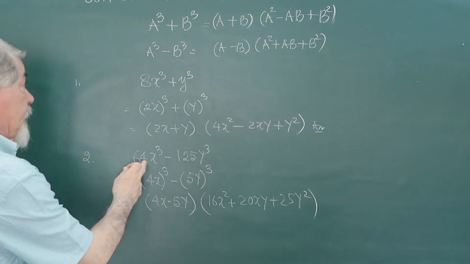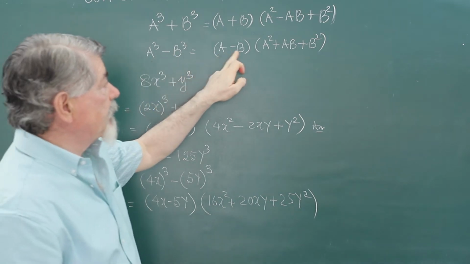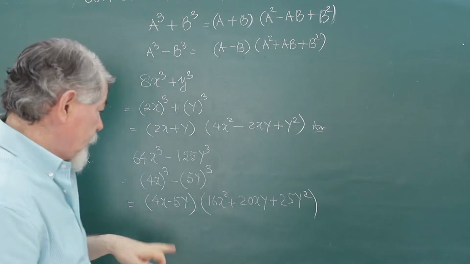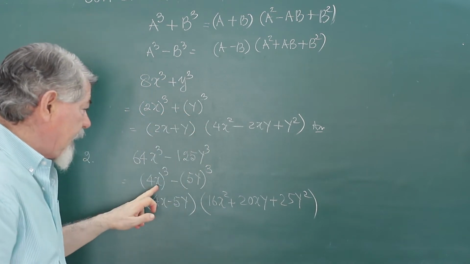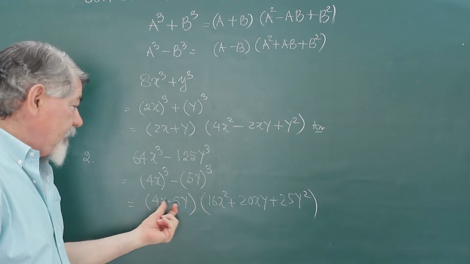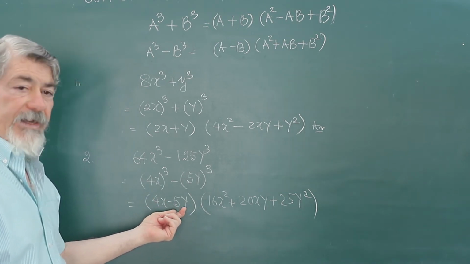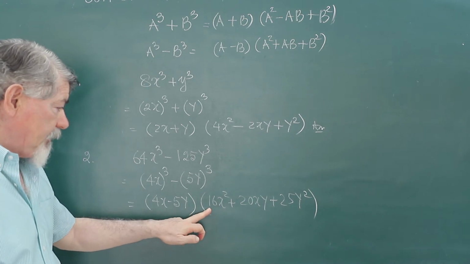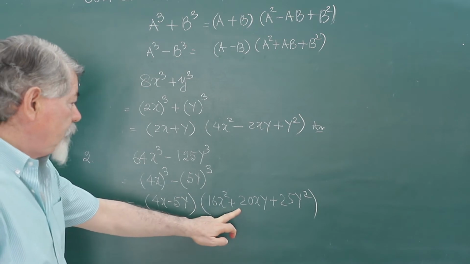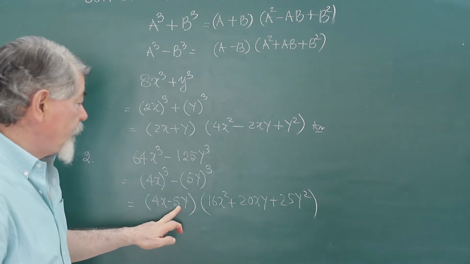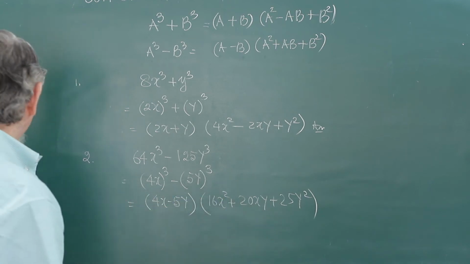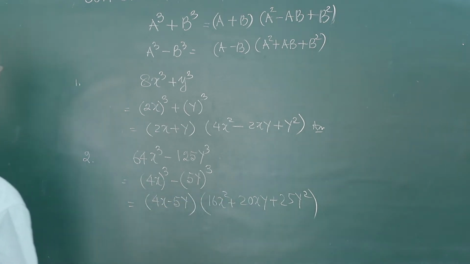A cube minus b cube has factors a minus b into a square plus ab plus b square. So in place of a I have 4x, in place of b I have 5y. So a minus b, 4x minus 5y, into a square, 4x whole square is 16x square, plus ab, 4x into 5y is 20xy, plus 25y square. Let us see the third question.